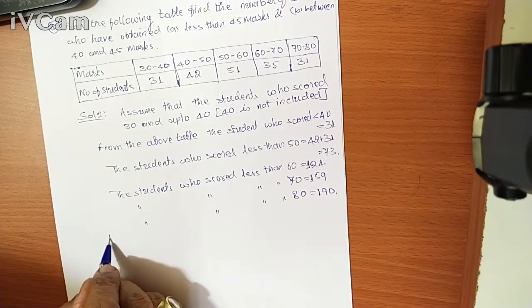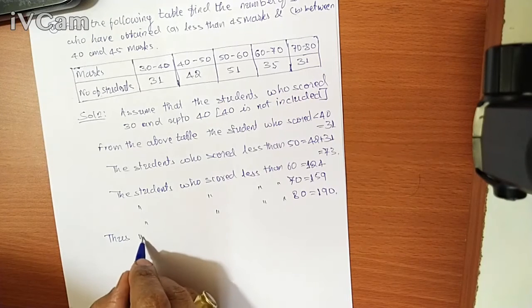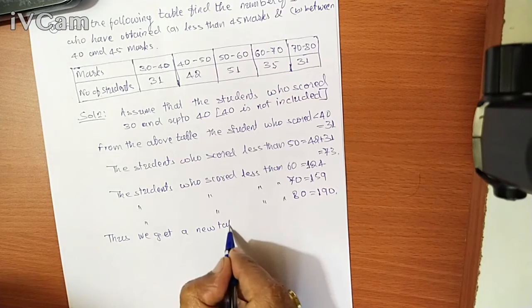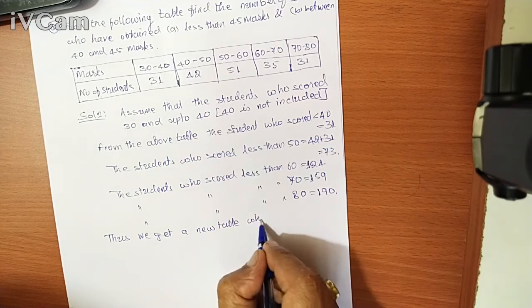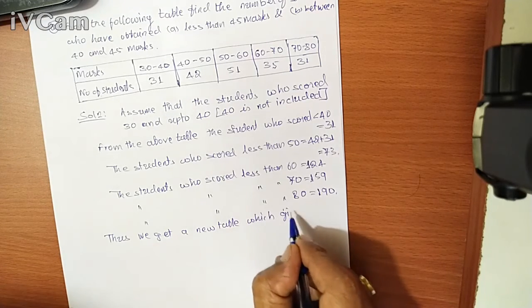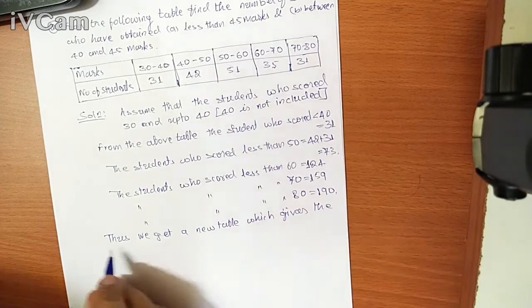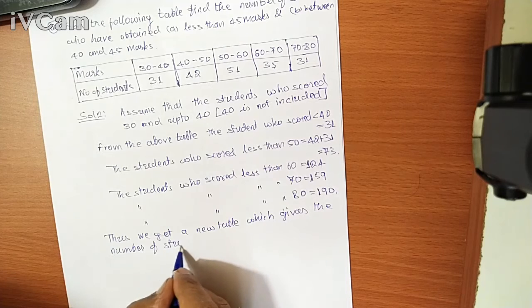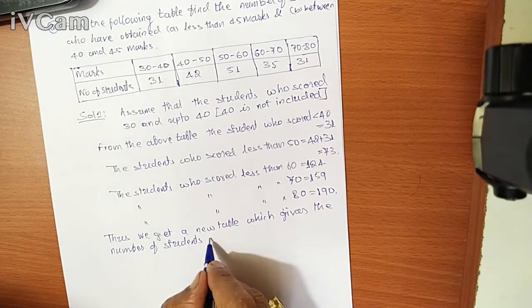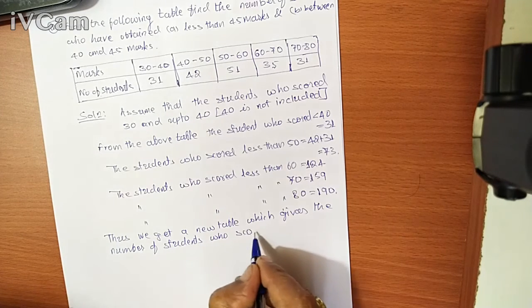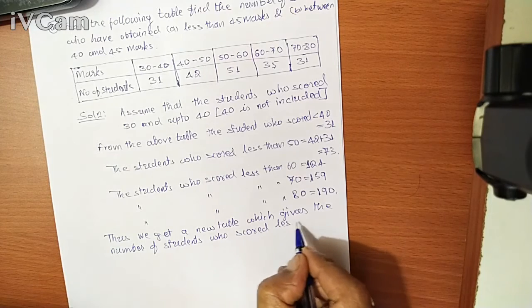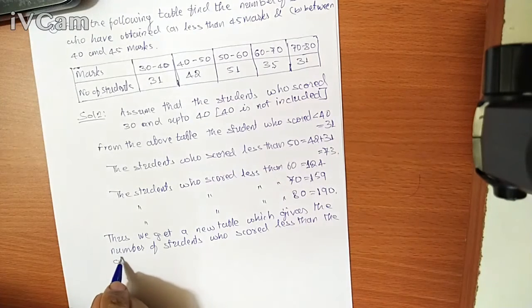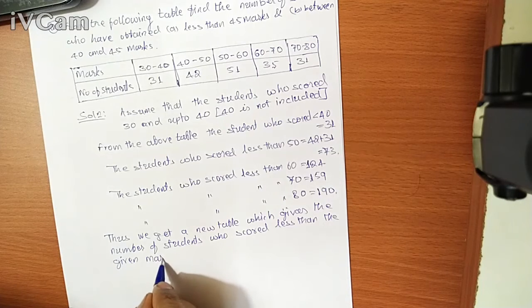Thus we get a new table which gives the number of students who scored less than the given marks, right?